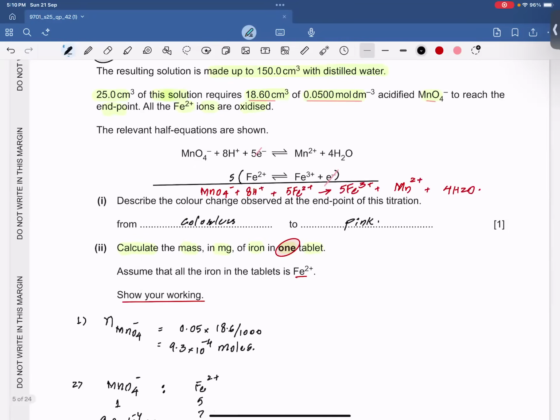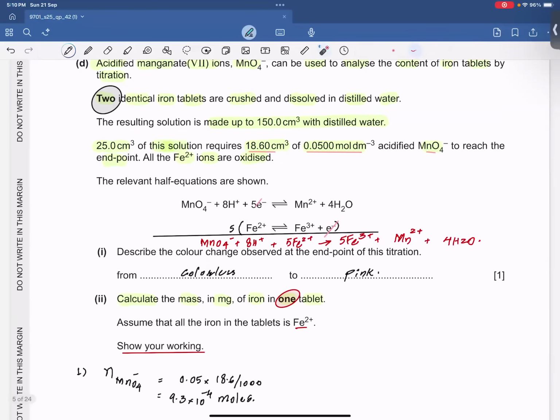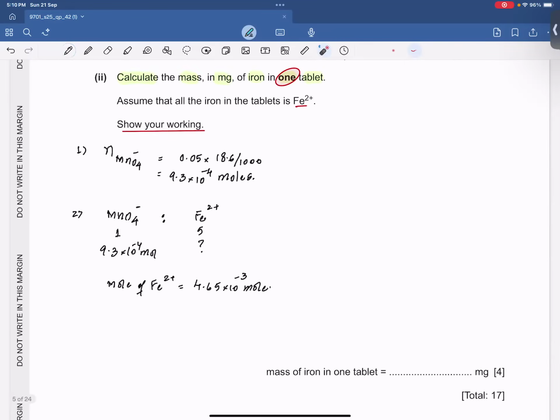Okay. Now, I've got this many moles in 25 cm³, and you know that I have diluted the solution to 150 cm³, so I need to compare these two volumes.